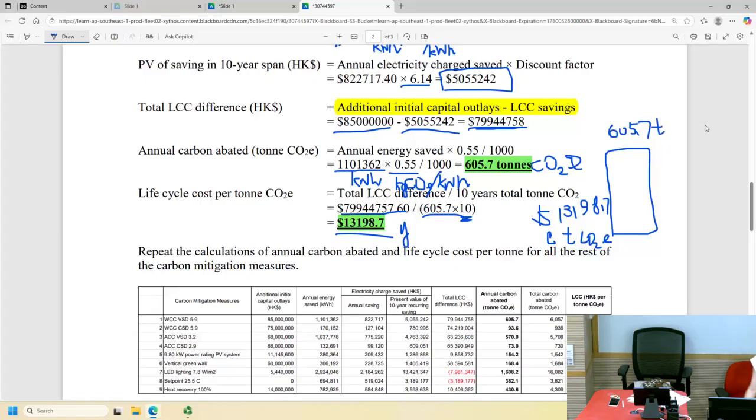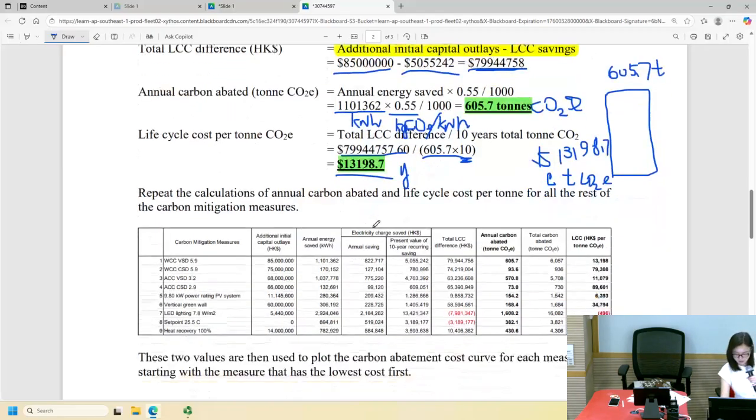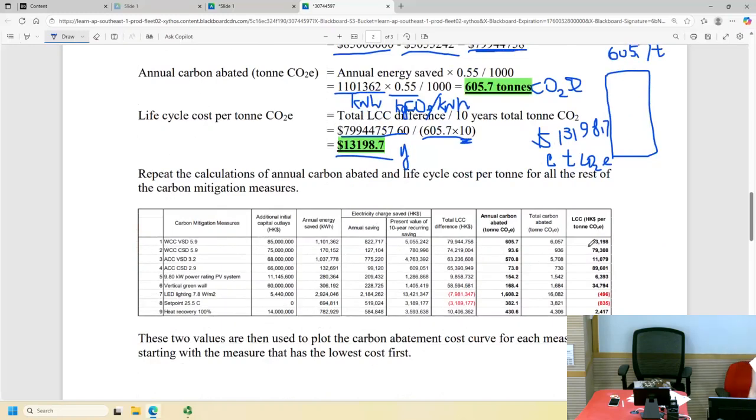Okay, so this is for the first mitigation strategy, and we can use the same method to calculate this value and this value for all the mitigation strategies. And the result is summarized in this table. So we have the initial cost, and they are already the present value.